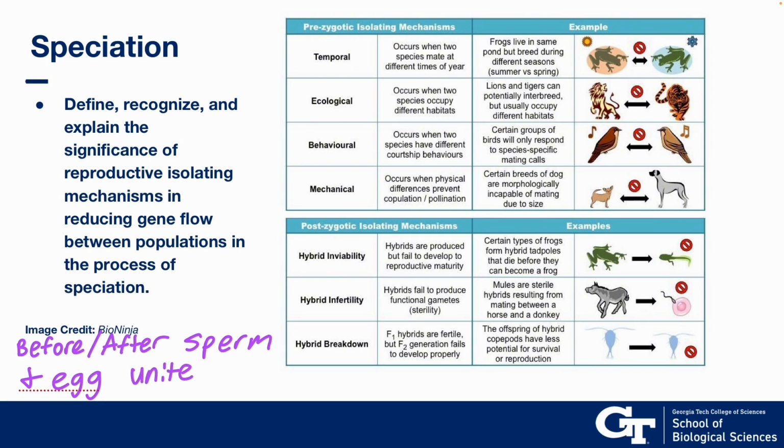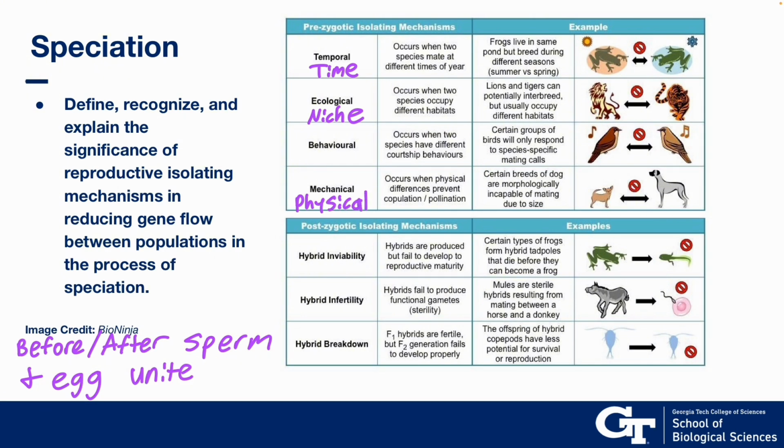So prezygotic obviously means before this happens. Prezygotic, I literally just took this chart because it's just so good. Prezygotic, there are four types. We have temporal, which is due to time, ecological, which is due to niche, behavior, which is obviously due to behavior, and mechanical, which is due to physical differences.